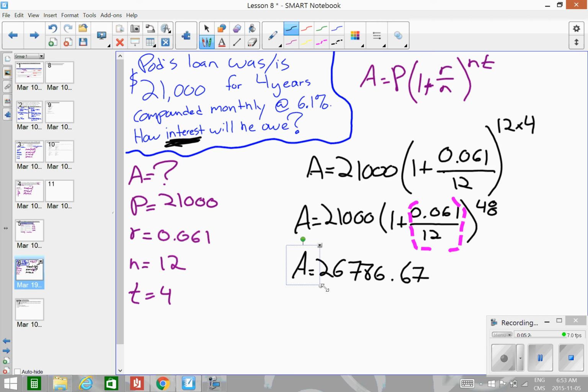So my interest is this amount minus my principal. It's just how much extra I'm paying back. So my interest is that number, my total amount, subtract what was my starting amount.